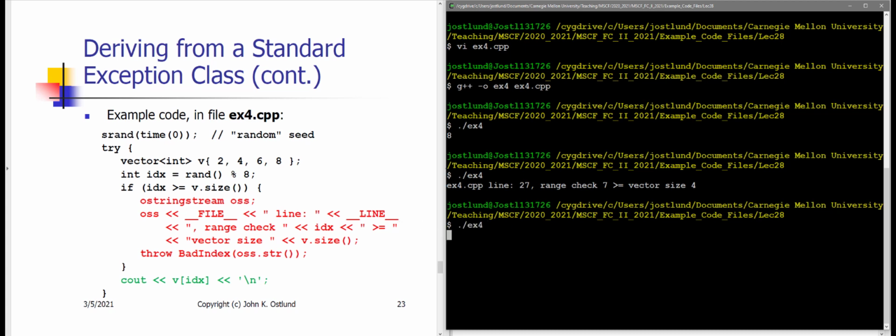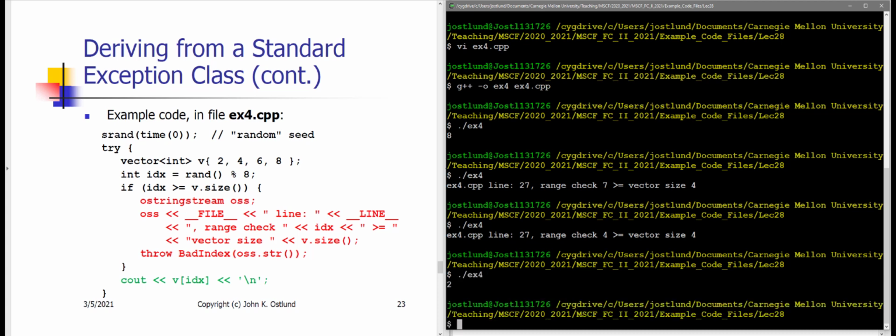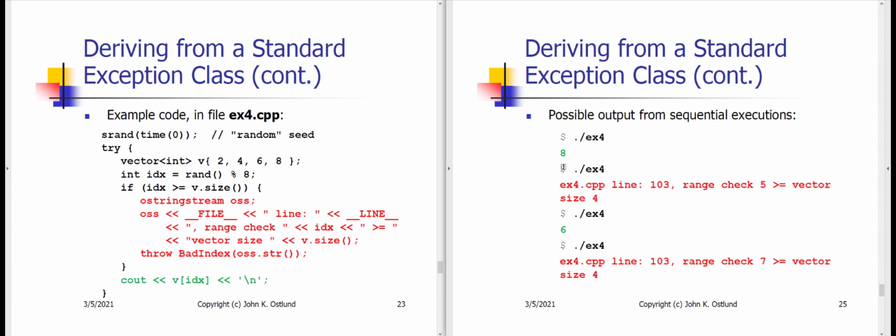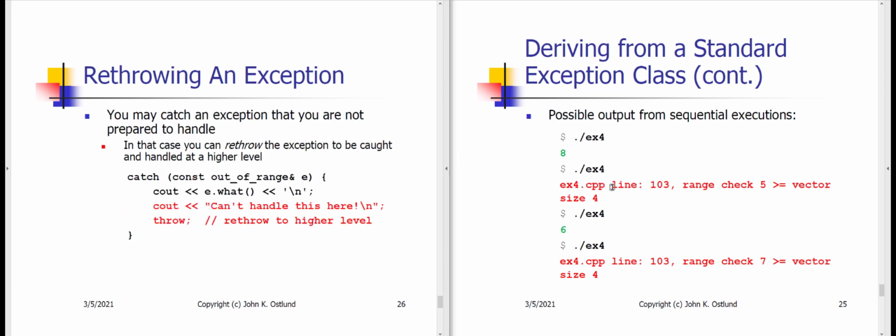And then each time I run this, I'll get some different result. This time I got a random index of 4. And although there are 4 values in the vector, the last one is the sub 3 value. And this time I apparently got a random index of 0, which worked, and so on. Okay. Here on slide 25 are some other examples of what might be produced when we test this program.